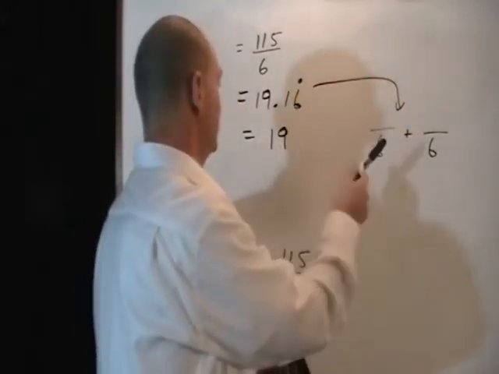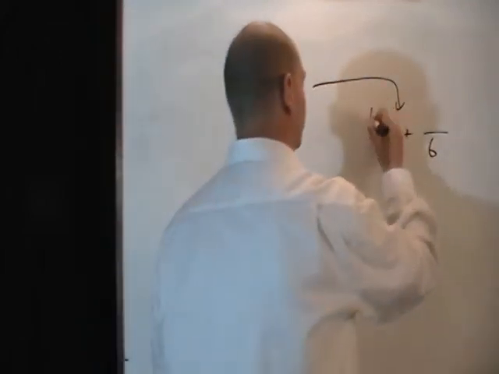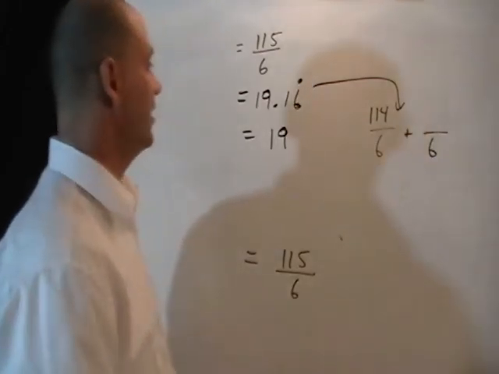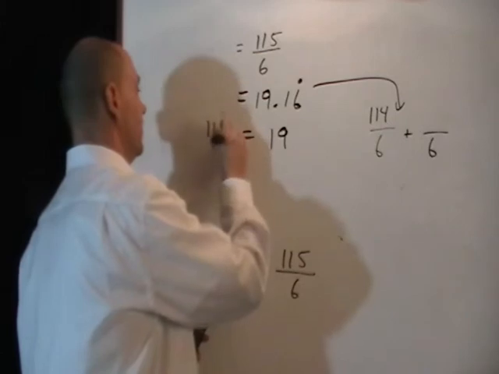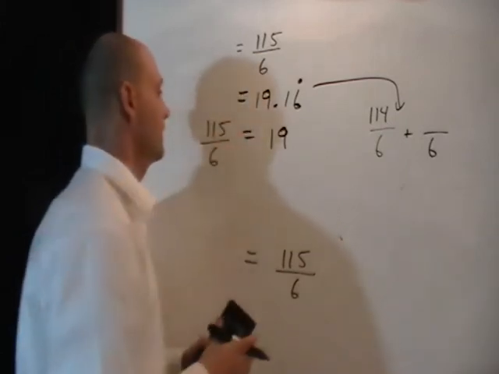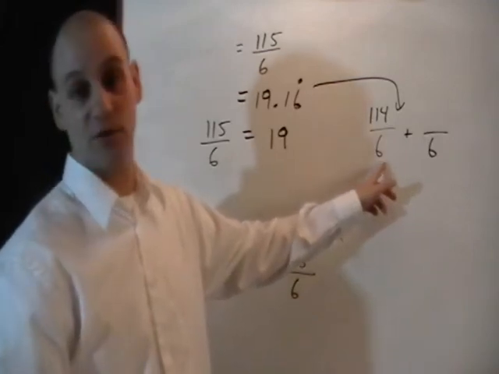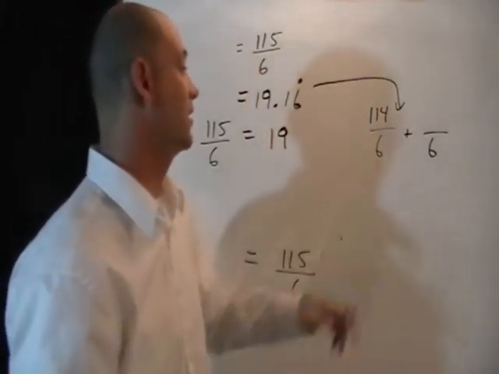And that's going to be 60 plus 54 is going to be 114. Okay, and so that means we know that the answer is 115 divided by 6. And we know that 19 is contributing 114 divided by 6, because these two are equivalent. These are the same thing.